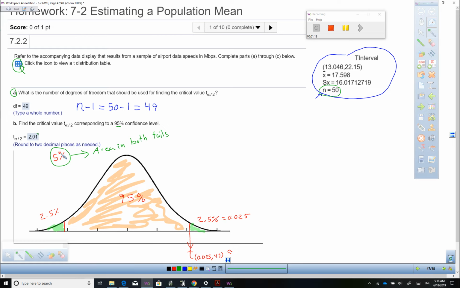You have to split that area into two even parts, so we have 2.5% on this side and 2.5% on this other side. And we need to get this t score.